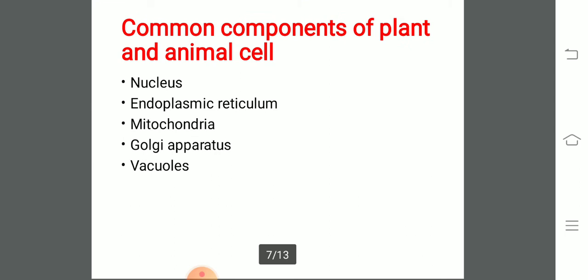Then the common components of plant and animal cells, meaning the components present in plant cells as well as animal cells. First is the nucleus, second endoplasmic reticulum, third mitochondria, then Golgi apparatus, and last vacuoles.